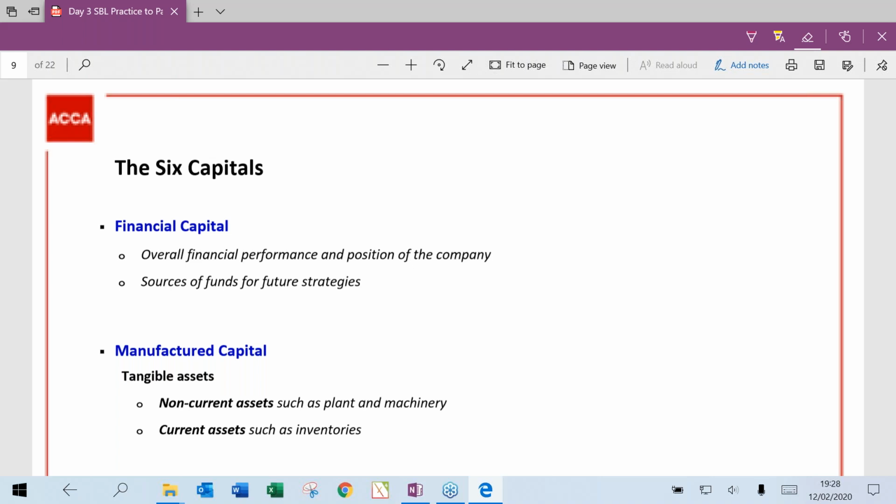So the first one is financial capital. Of course, all organizations must have financial capital. What do we mean by financial capital? It means the overall financial performance of the organization, the financial health of the organization, the balance sheets, the P&L, the cash flows, the reserves, and sources of funds for future strategies, like the gearing ratios: can we raise funds for future?